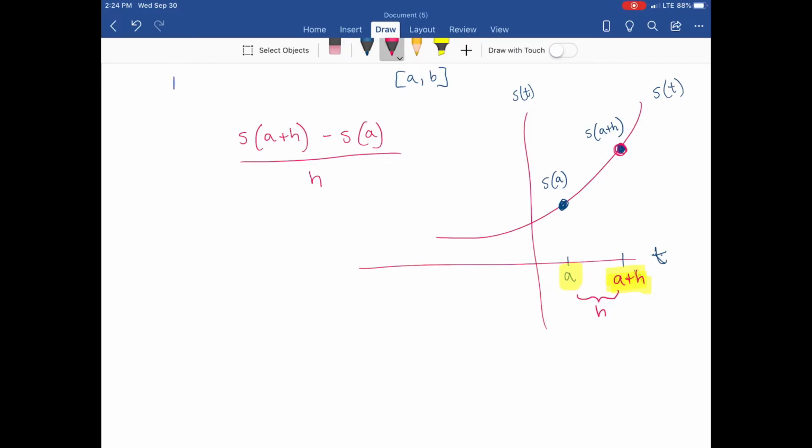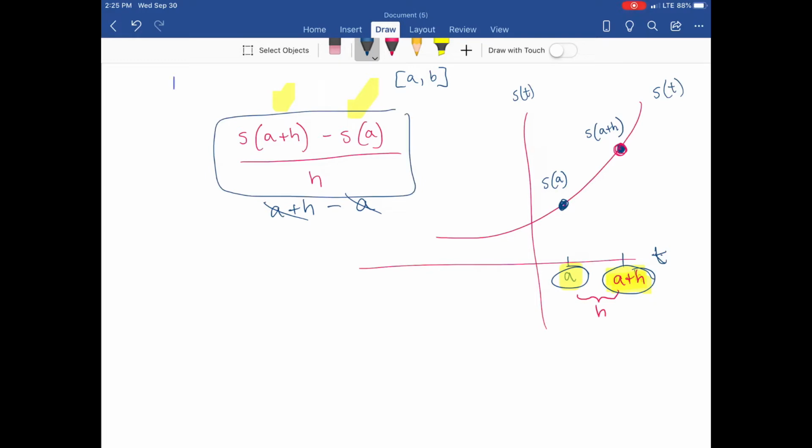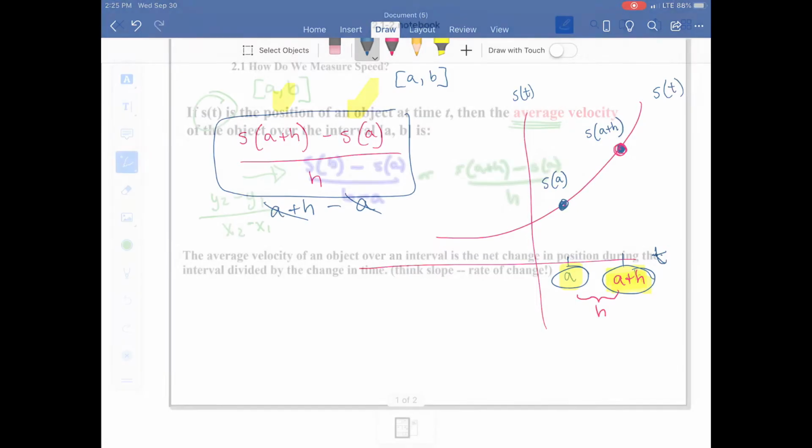But we're still taking the rate of change. We're still taking y2 minus y1, and that's why we see here we've got S of A plus h as my y2, minus my y1. Now let's look at what the x2 minus x1 does, because now that's A plus h as my x2, minus my x1, which is minus a, and that's how we're getting this expression when we're referring to these two points as A and A plus h.